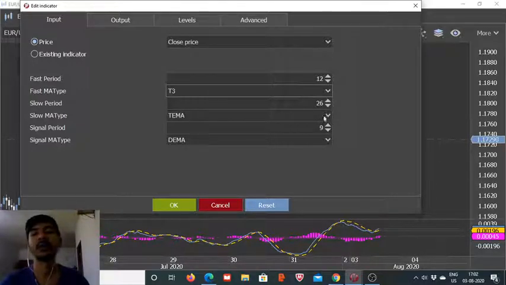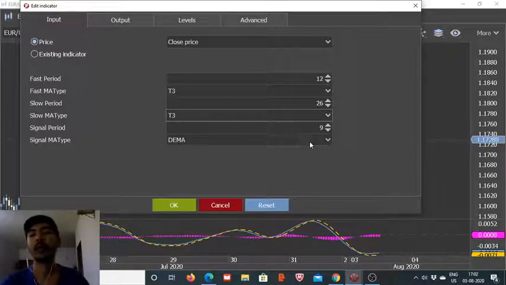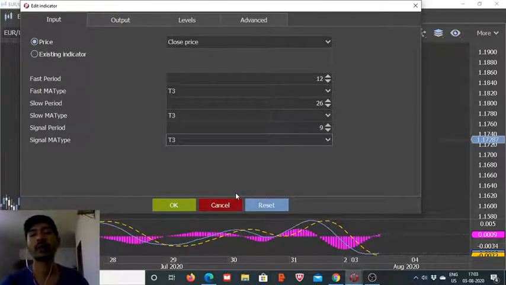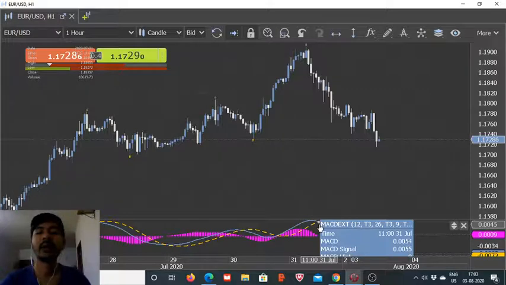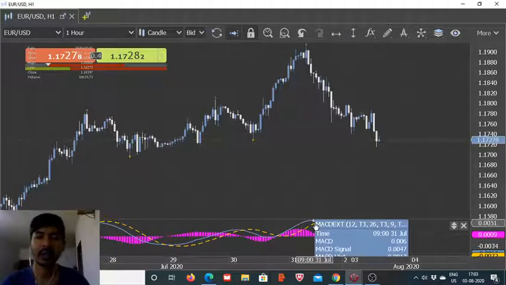Suppose we go for T3 in all these input parameters, the curve is looking a lot smoother, as you can notice. And here in this case of MACD, the curve is also smoother, and even the change I think is happening at a more appropriate time compared to the last combination which we were looking at.